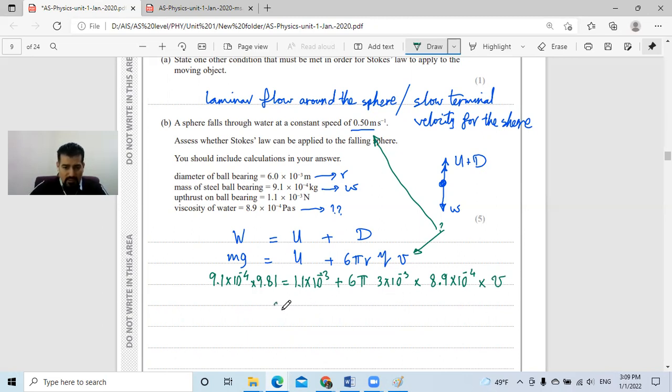By using the calculator, v equals, how much is the answer? Give me the calculation, how much is the velocity using these values? This minus this divided by this.